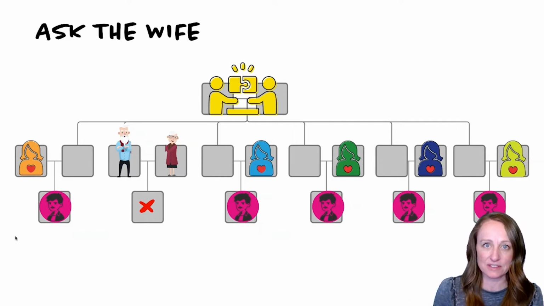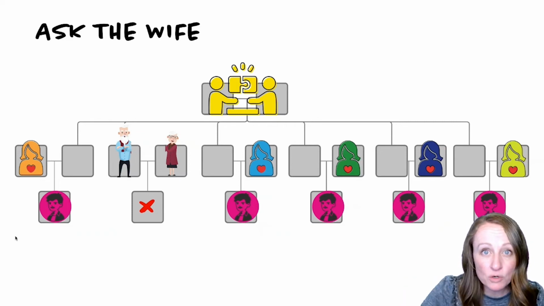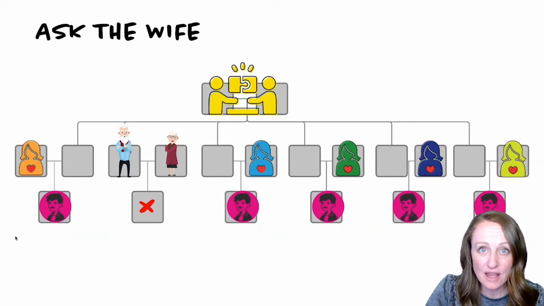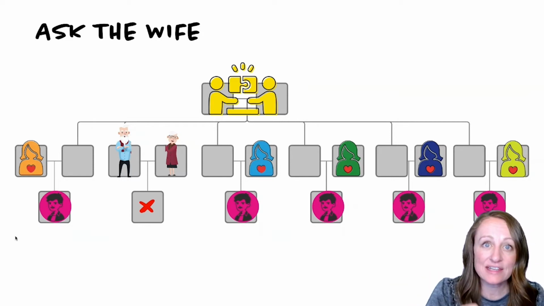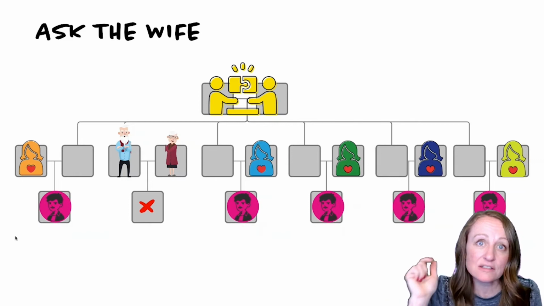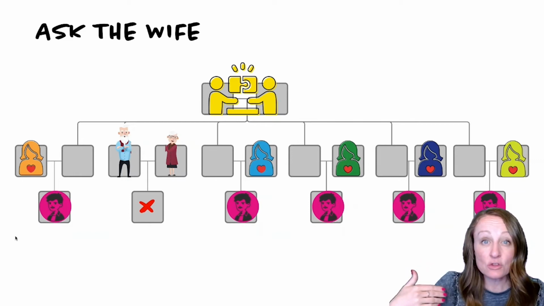Now think about this with me. You found a genetic network, a group of people in your DNA match list who share DNA with each other and who connect to Mildred and Morty, who's led you to this family. So what I'm telling you now is that to determine which of Morty's siblings is your ancestor, you need to ask the wife.